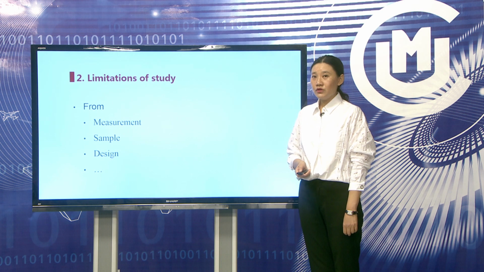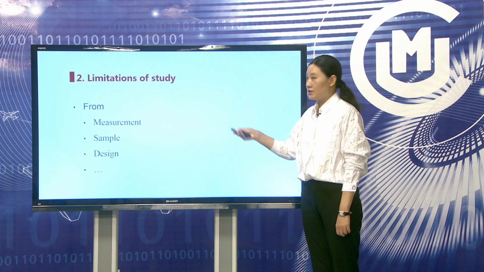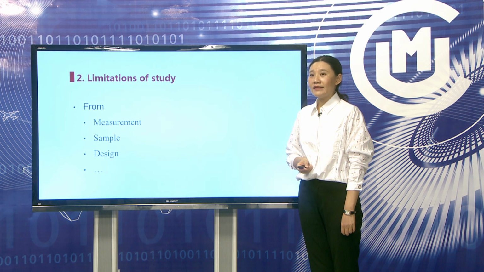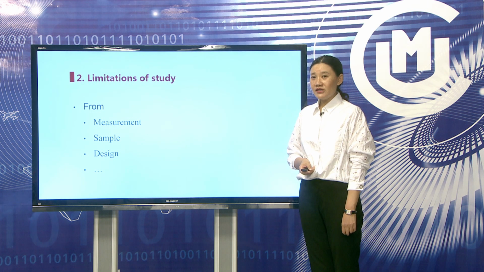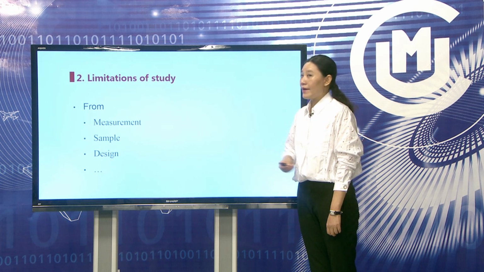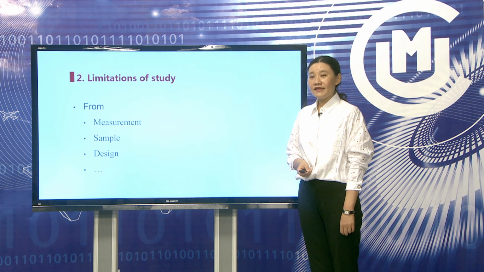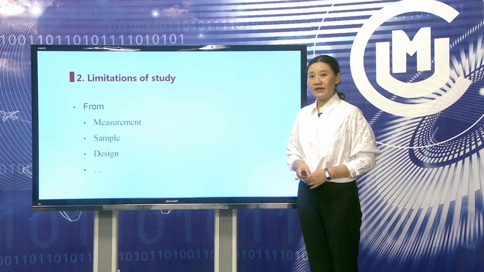Secondly, to indicate the limitations of study that were identified while conducting the study. The limitations are threats to validity and should be noted as such. For example, limitations related to measurement, such as self-report for unhealthy behaviors, are threats to construct validity.